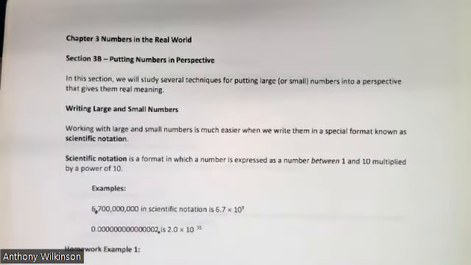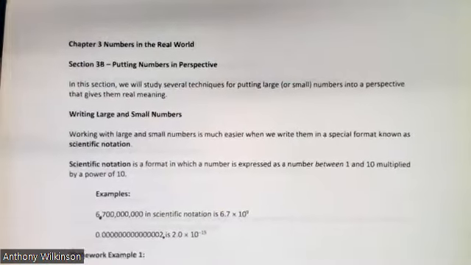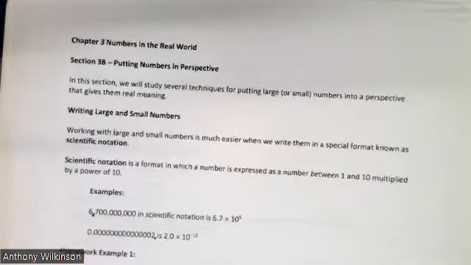So the exponent is going to be negative. Now, if we went to the left to write in scientific notation, then your exponent would be positive. But here you're going to have 2.0 times 10 to the negative 15th power. Let's look at some examples here dealing with writing large and small numbers.